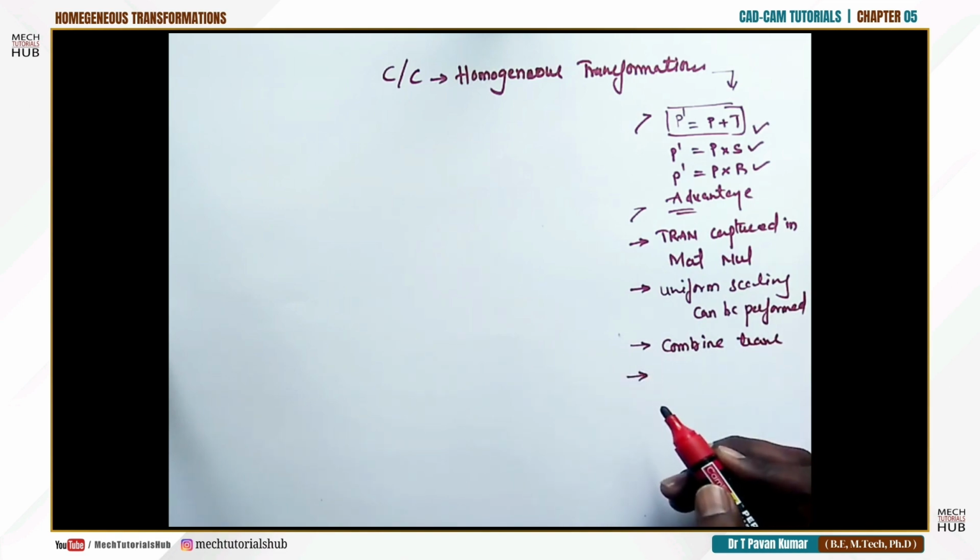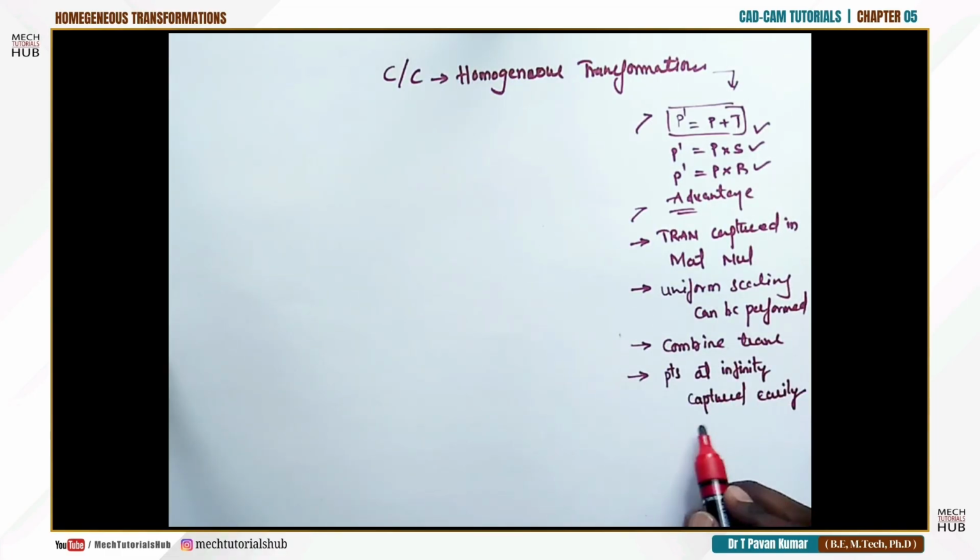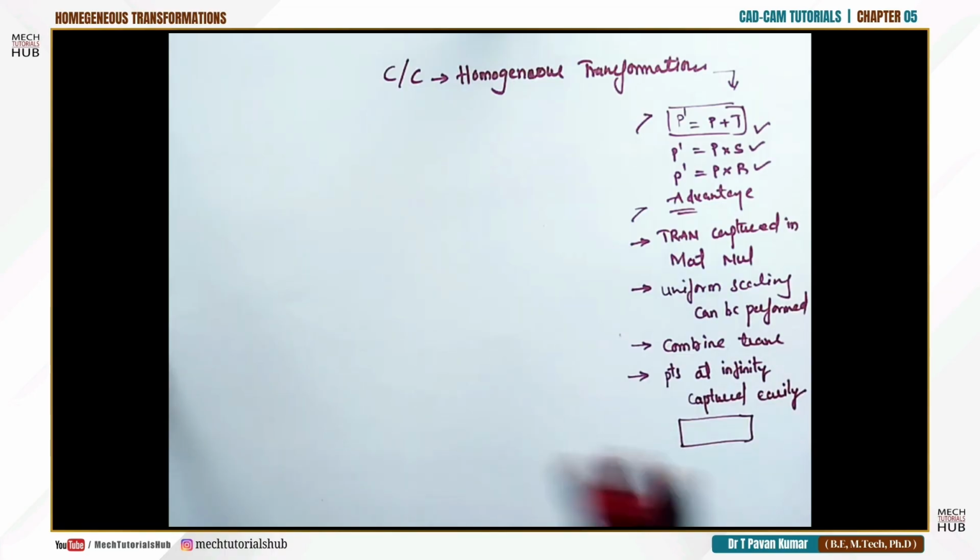And last but not least, points at an infinite distance can be captured easily. For example, to justify the last point, consider a point outside this graphic window. If you keep on panning or scrolling the window, it is going to be infinity.